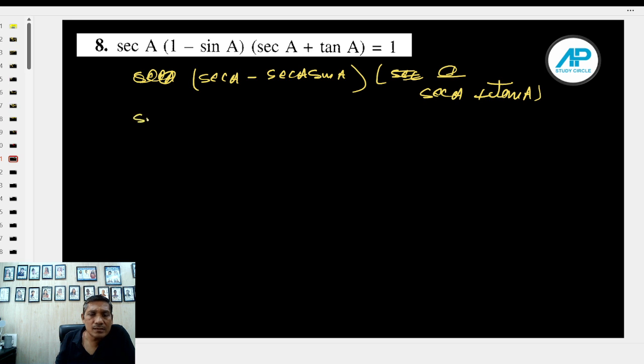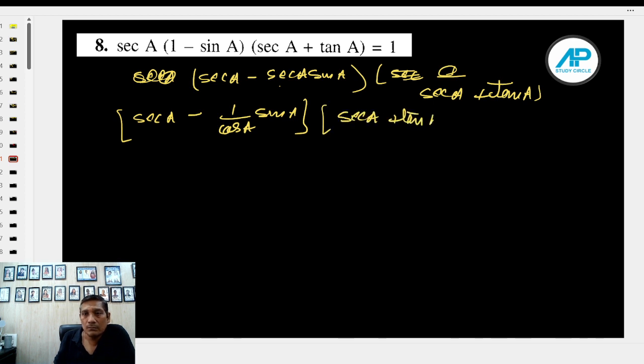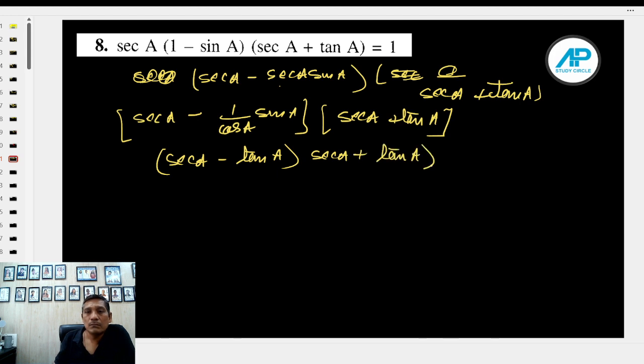Now, what is sec a? 1 upon cos a. And sin a upon cos a is sec square a minus tan square a.